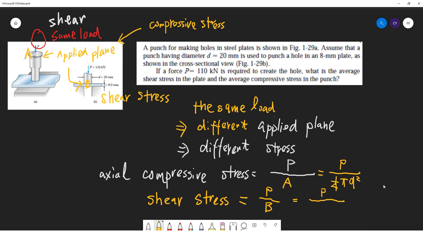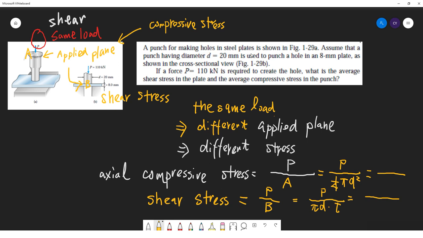We say pi d is the surrounding of the hole, multiplied by the thickness. So according to the calculation, you can calculate by yourself. I directly give you the answer.